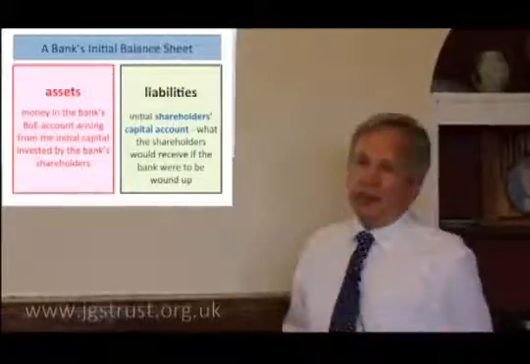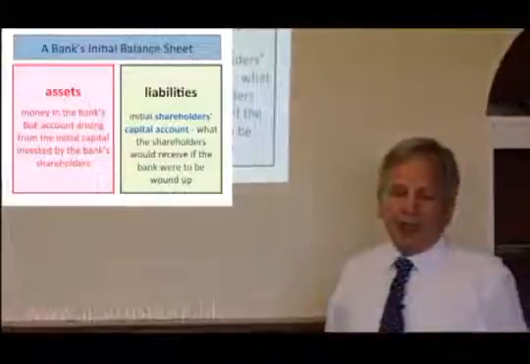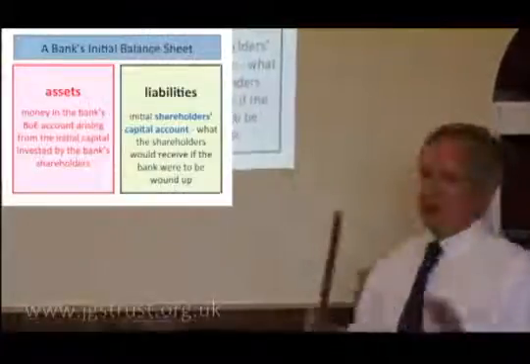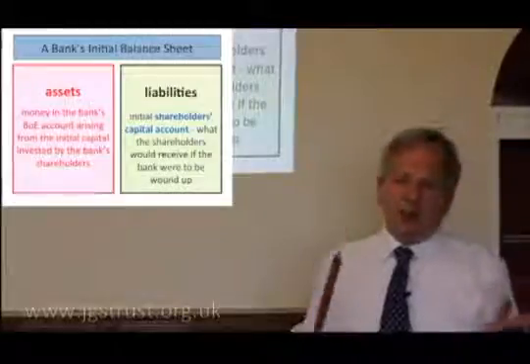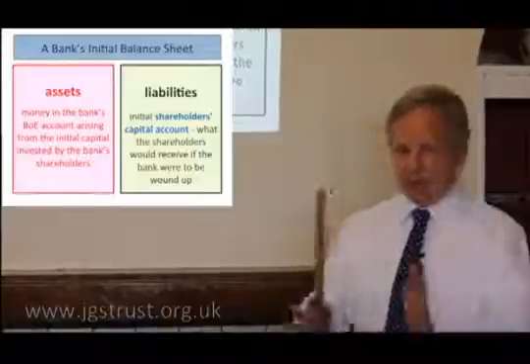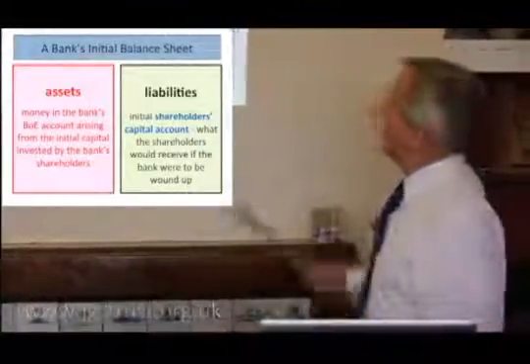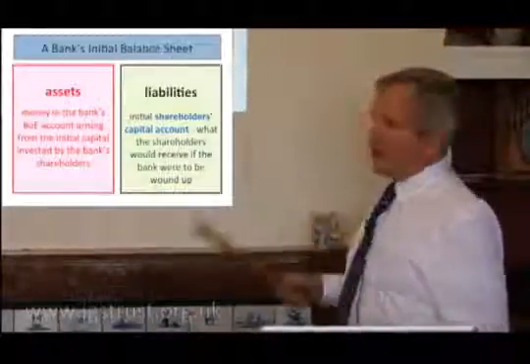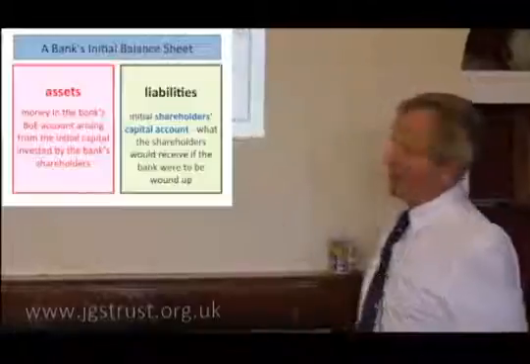On the other side of the sheet, this is a little more subtle. This is a liability to the bank as an entity which has a debt to its shareholders. So conceptually you have to separate the shareholders from the entity which is the bank itself. And the initial liability of the bank is what's called the shareholders' capital account.